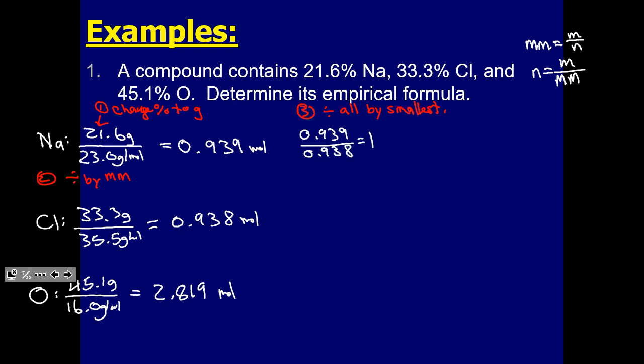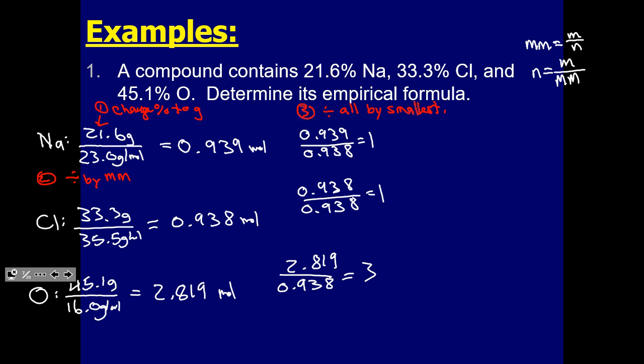It's going to be 1.0 something. 0.938 divided by 0.938, that is the smallest. It is 1. And 2.819 divided by 0.938 is... I can't do that in my head. 3? Really close to 3. All right. Perfect. We now have the simplest whole number ratio.